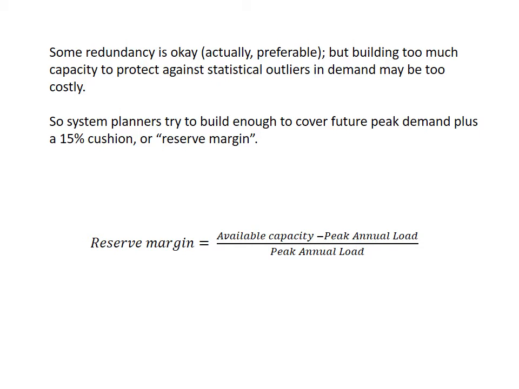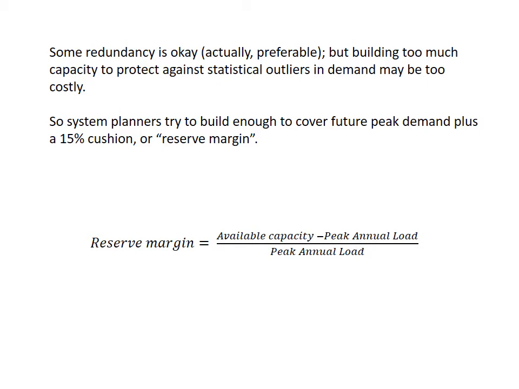So some redundancy is preferable, but too much, building capacity in to protect against a 1 in 1,000 or 1 in 1 million event, an event that has a really low probability but would still be costly, can be too much trouble than it's worth if it causes you to build so much capacity into the system that the other 99.9% of the time, all your customers are paying way more than they should for electricity because you've decided to build way more power plants than you actually need.